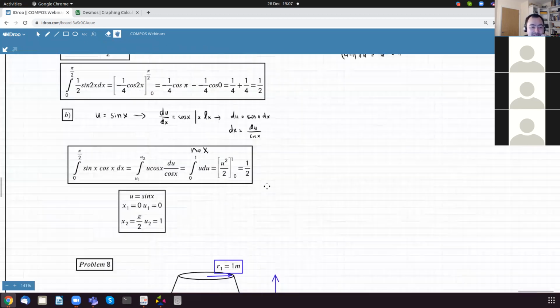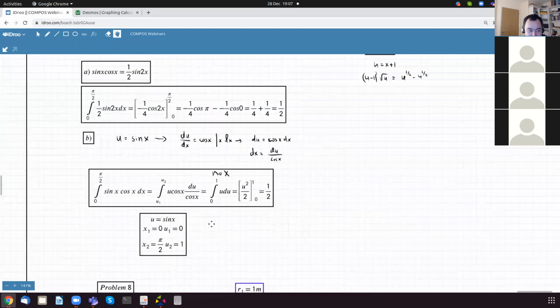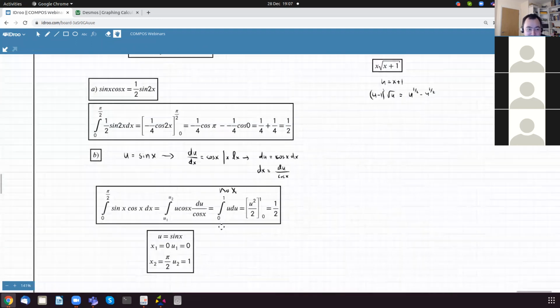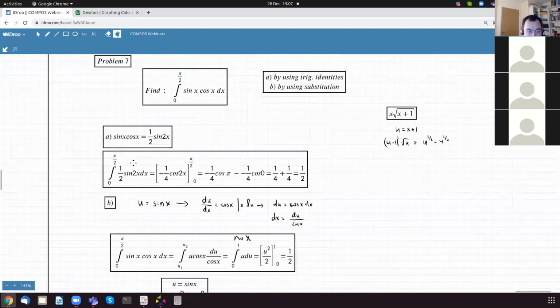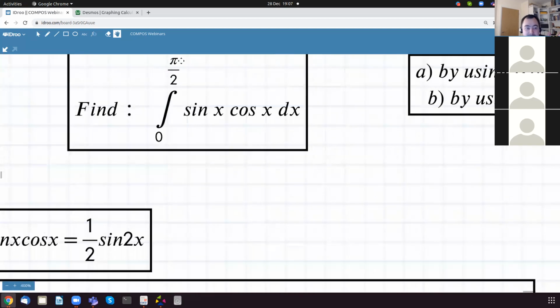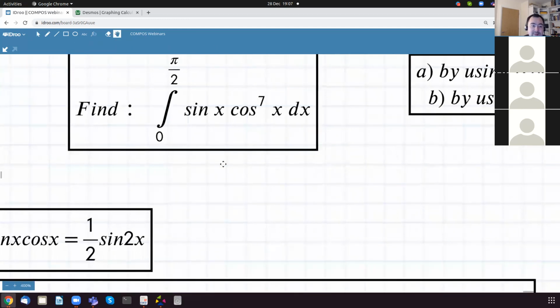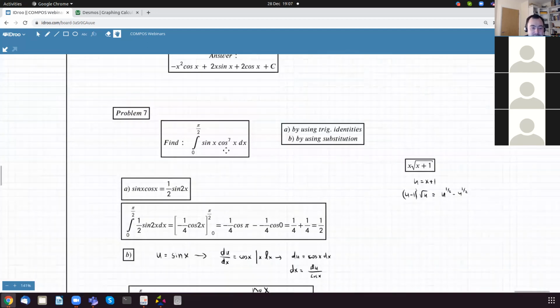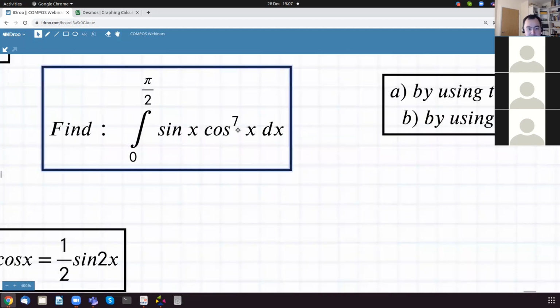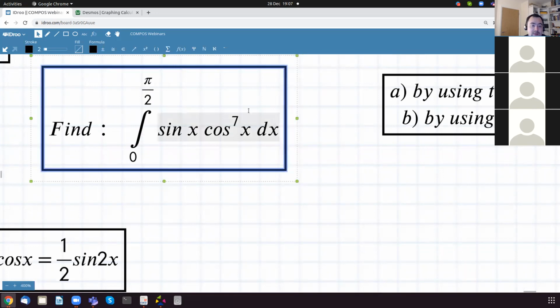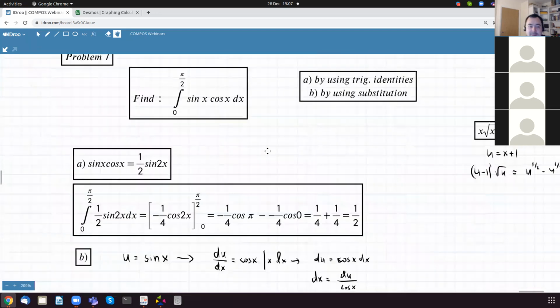But believe me, this is just to demonstrate the method. For this particular integral, you could use this. But the moment I do this with cos to the power of 7, you can't do it. Like, potentially you could find cos to the power of 7x and do something about it. Okay, hope that makes sense.